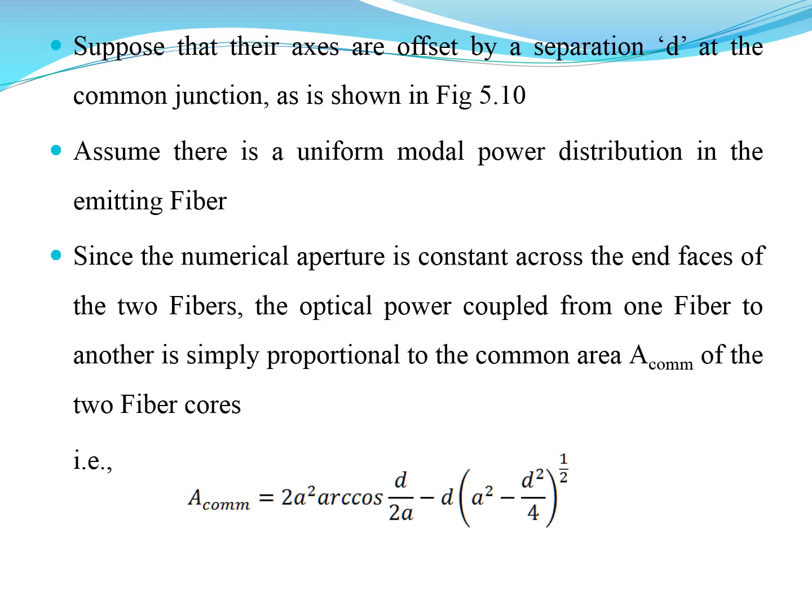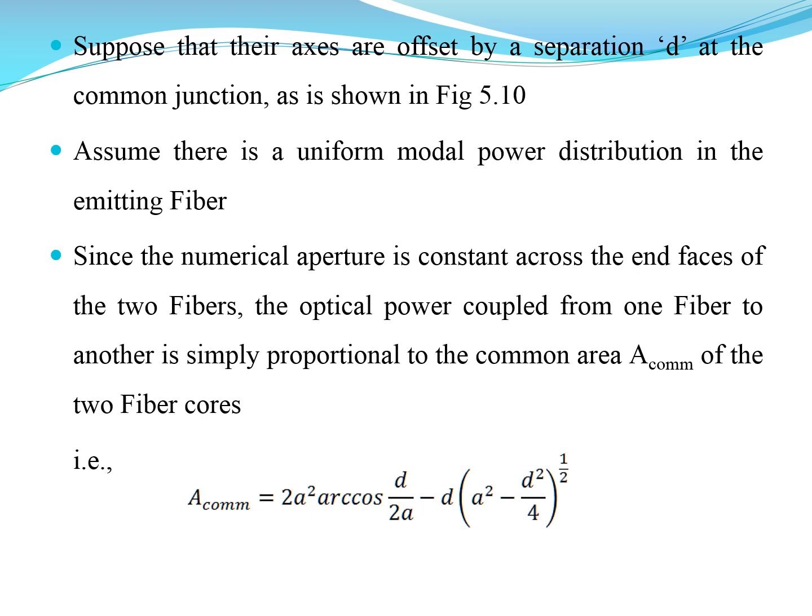Suppose the axes are offset by a separation d at a common junction, as we have seen earlier, an axial or lateral separation. Then assume there is a uniform modal power distribution in the emitting fiber.